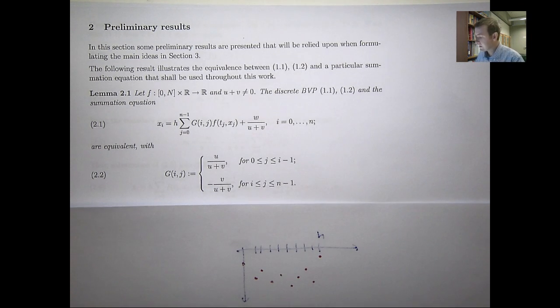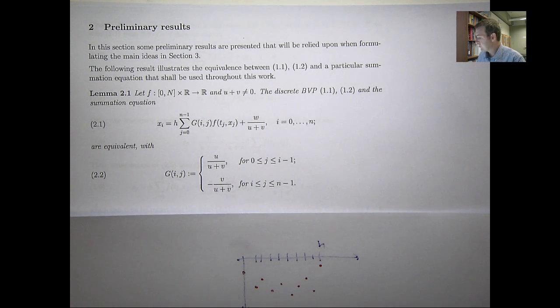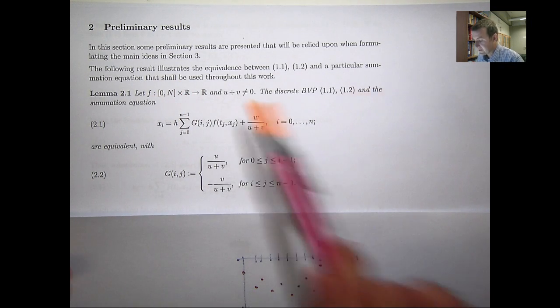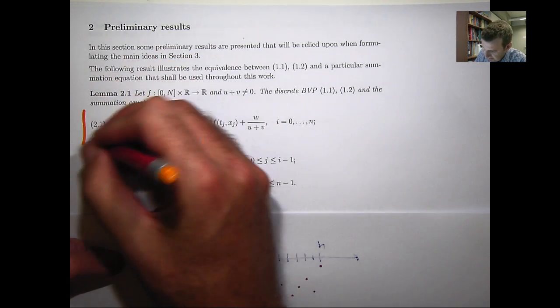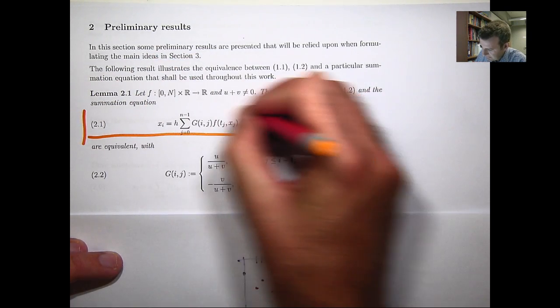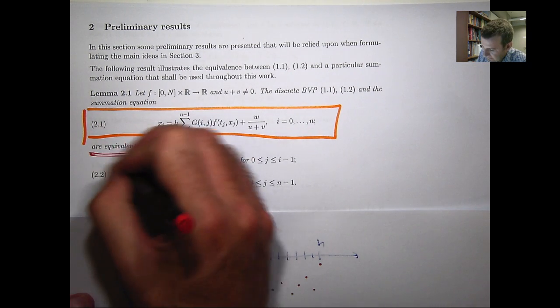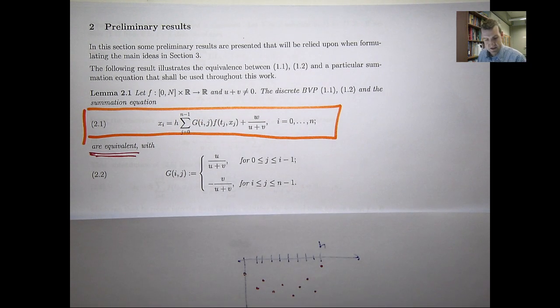In this section we're going to talk about some preliminary results that will make the proof of the main results a little bit more manageable. Suppose f is defined on this set and is real valued, and u plus v is non-zero. Then the discrete boundary value problem 1.1, 1.2, and the following summation equation are equivalent, with this g function defined in the following way.